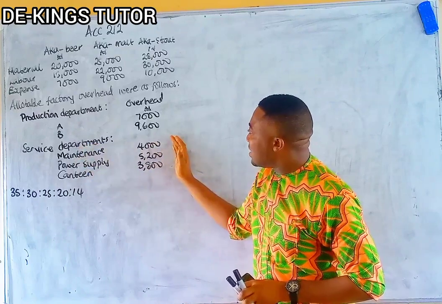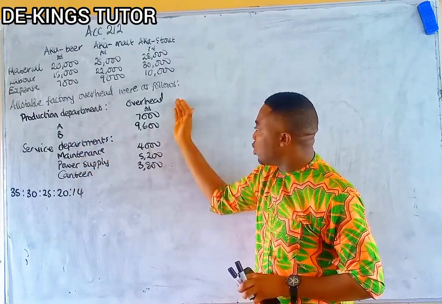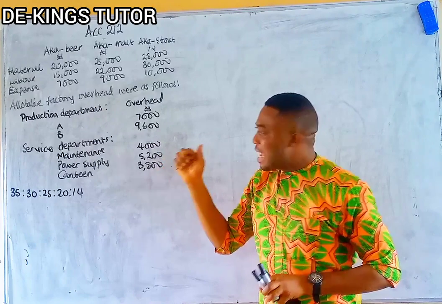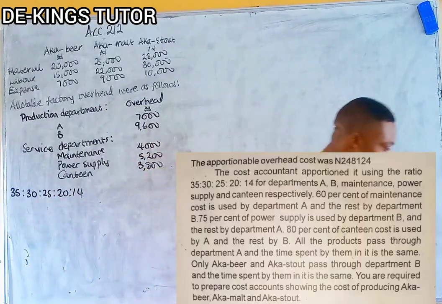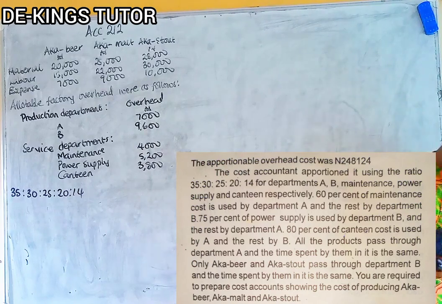These are their different allocations, direct. Now they gave us the value for apportionment, which we read. We said the apportionable overhead cost is 248,124.